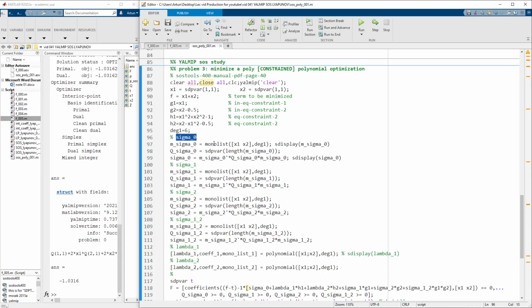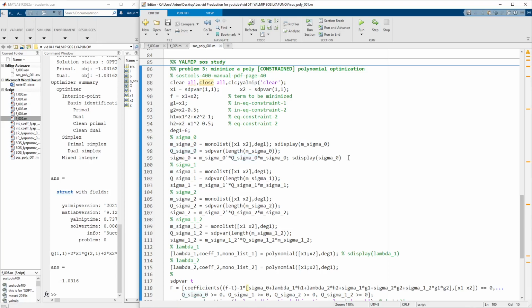First of all, we need a monomial vector, then monomial terms times our Q matrix, using this quadratic expression. This is a matrix, and each entry is a number, and we need to find those numbers such that it is symmetric, positive semi-definite.